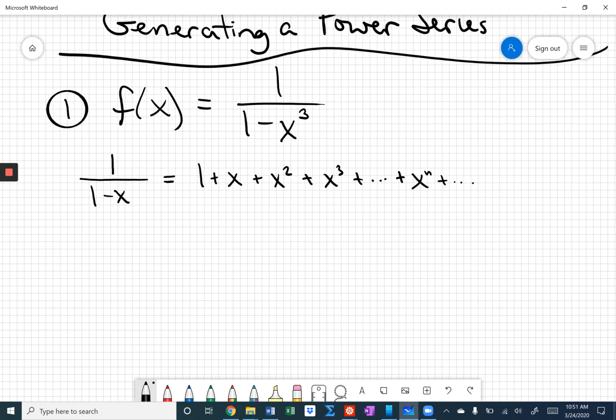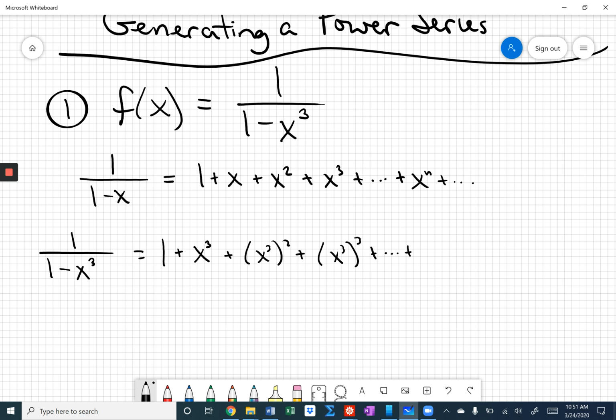And you want to think about this as 1 over 1 minus something. Then we have 1 plus that something, plus that something squared, plus that something cubed and so forth. So 1 over 1 minus x cubed is 1 over, again, 1 minus something. So 1 plus that something squared plus that something cubed and so forth, all the way out to plus that something to the nth power.